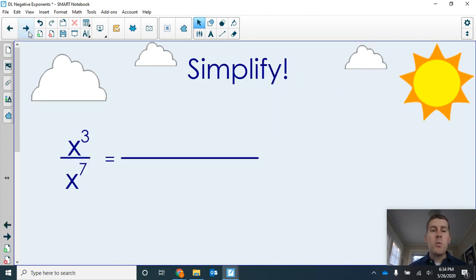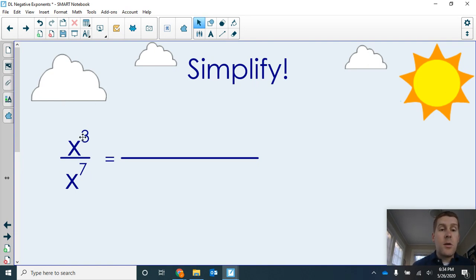Okay, so I'm going to start with this example here, which is x to the third divided by x to the seventh. And I'm going to show you how we can simplify this three different ways. The first one would be, what if I expand out each power as much as we possibly can?